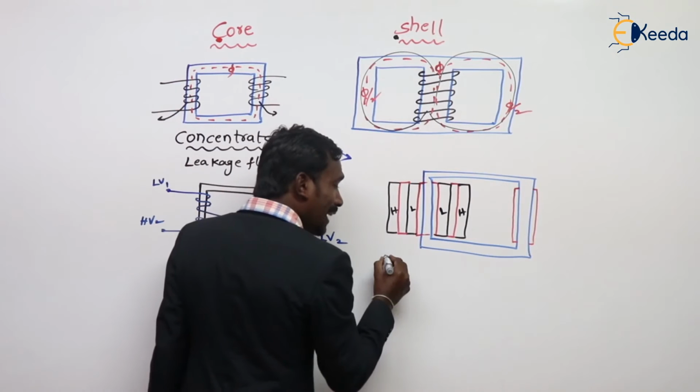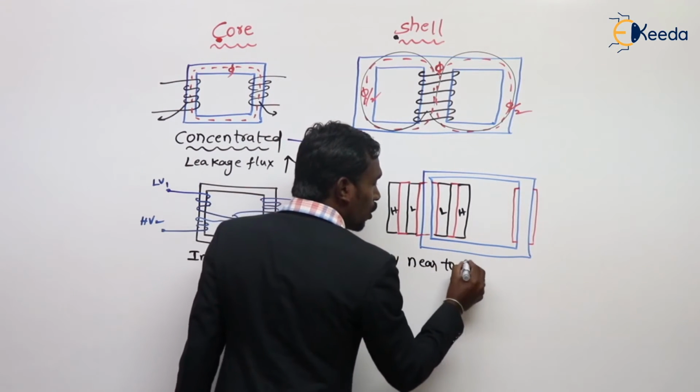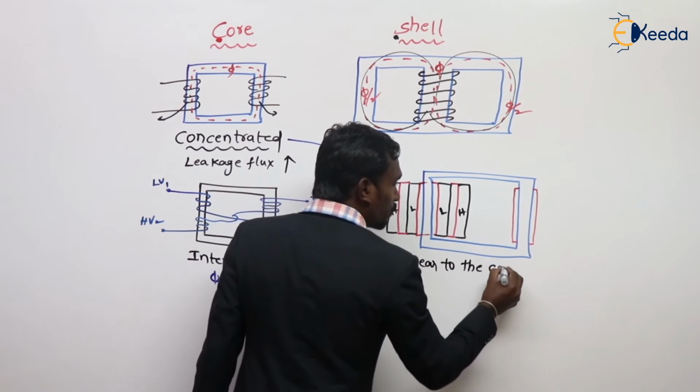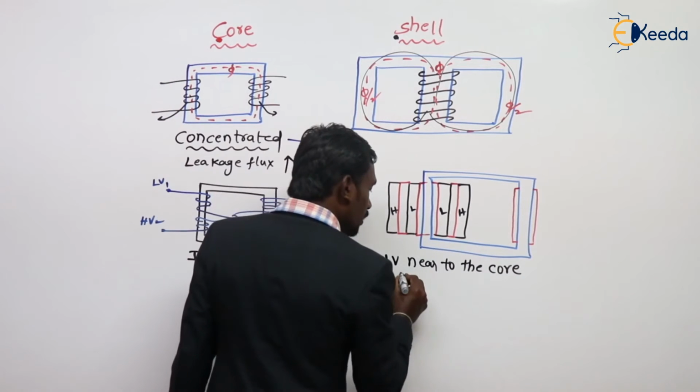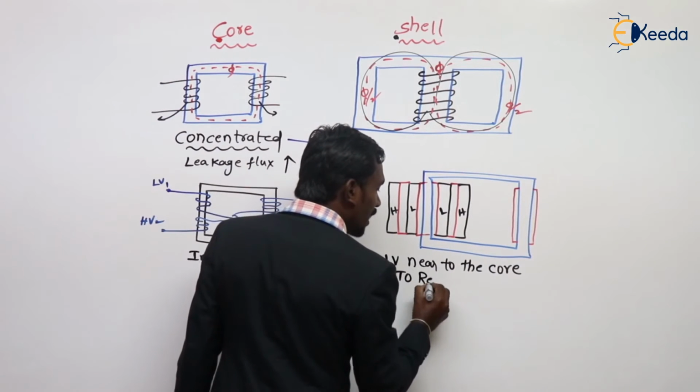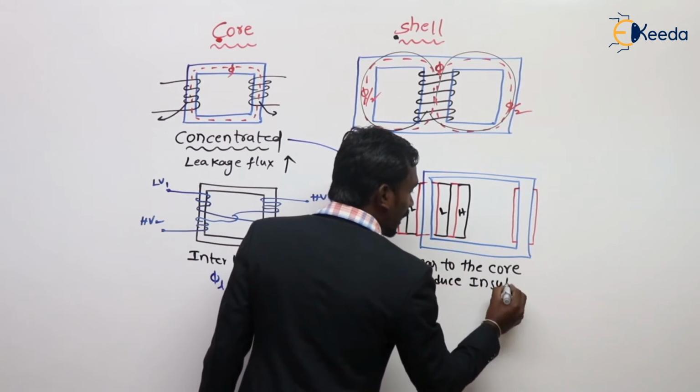Here, the LV winding should always be near the core, because it reduces the insulation requirement.